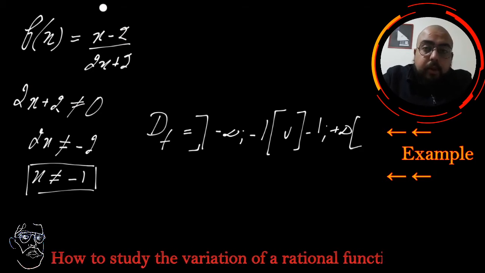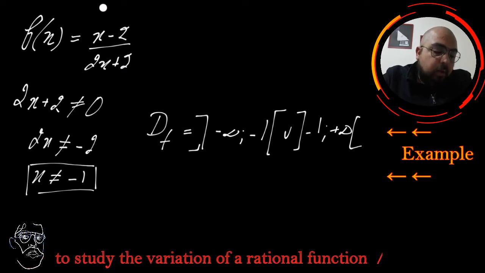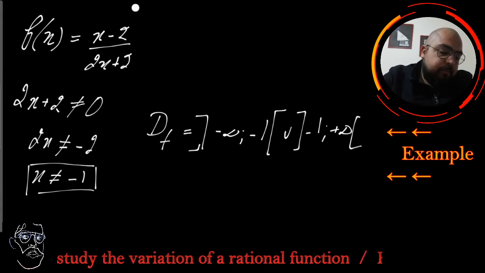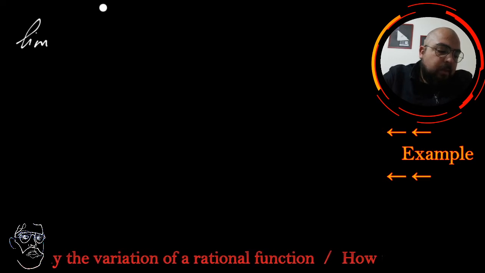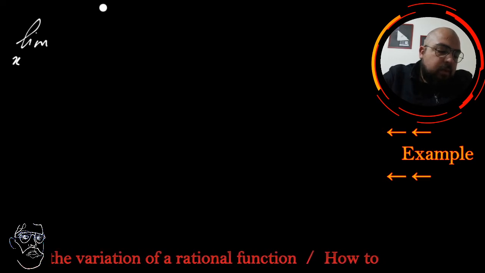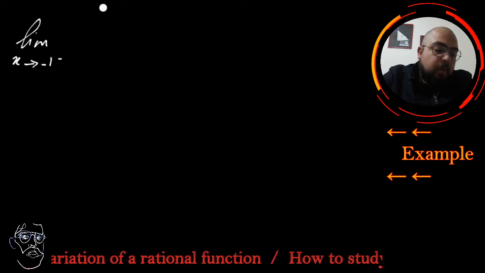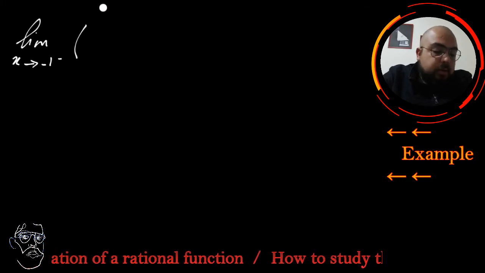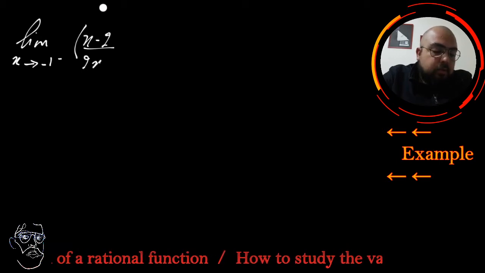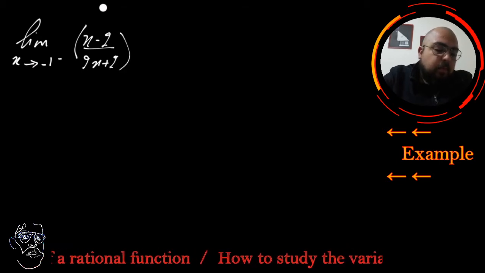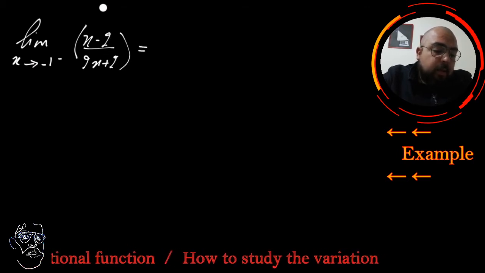After defining the domain of definition, we'll have to go through the limits. So limit when x tends towards minus 1 minus of my function. The function is x minus 2 over 2x plus 2. So I will have to replace x by minus 1.